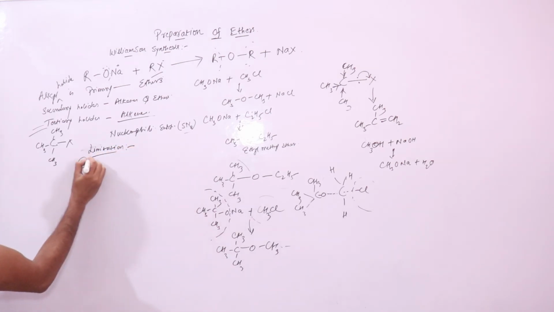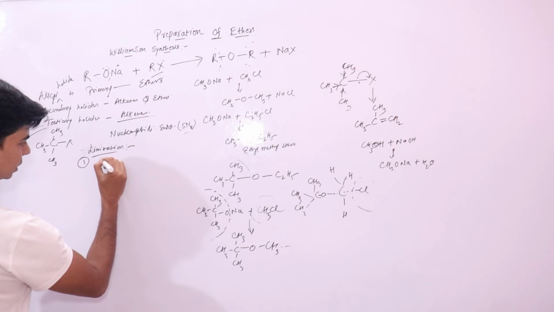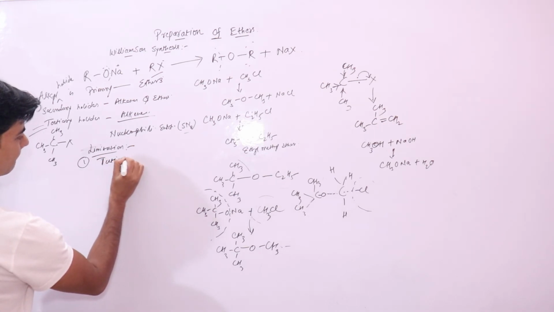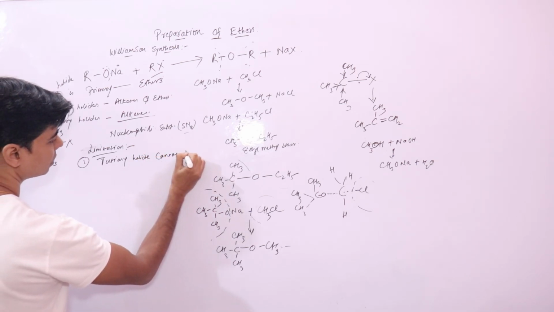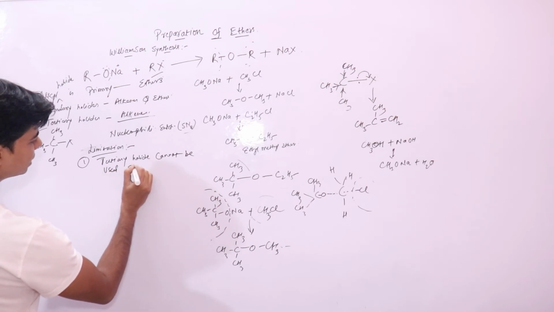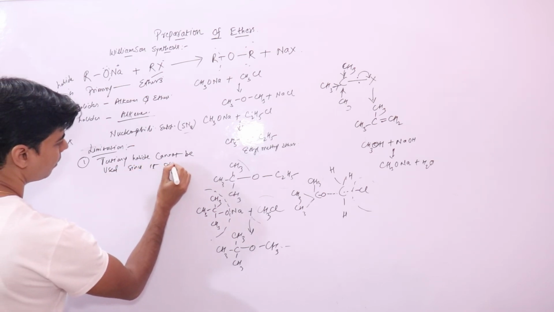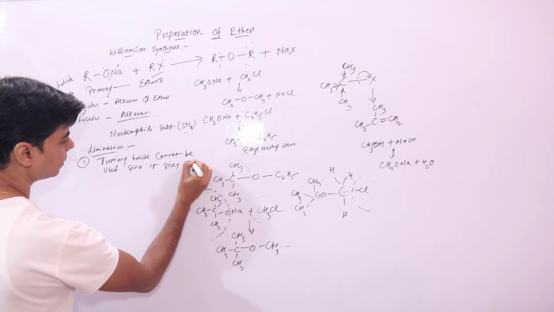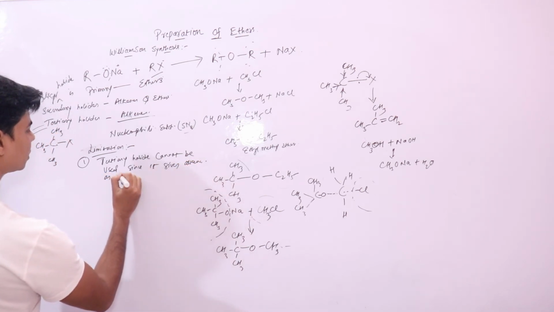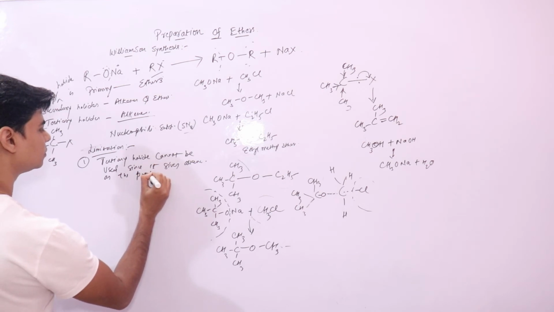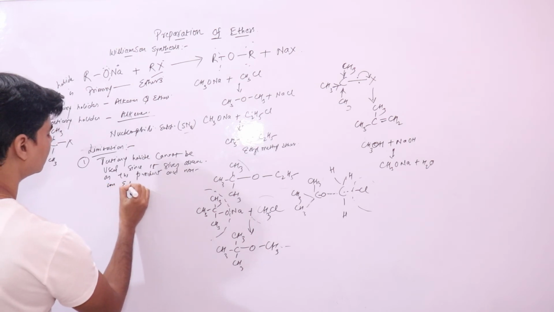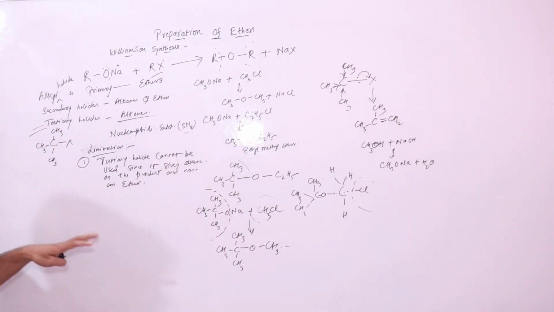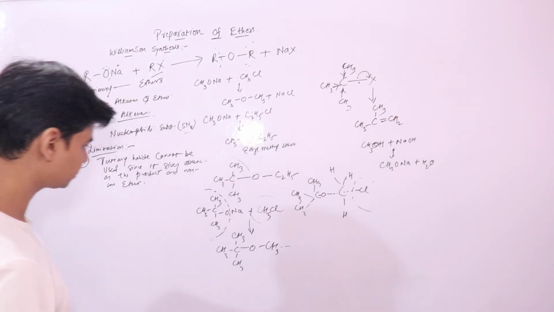This is the limitation, that tertiary halide cannot be used, since it gives alkene as the product and not an ether, right? So this is one of the major limitations of the reaction, that tertiary halide cannot be used, right?